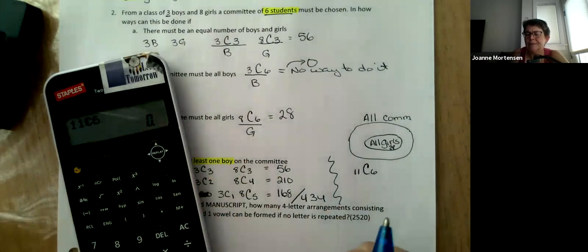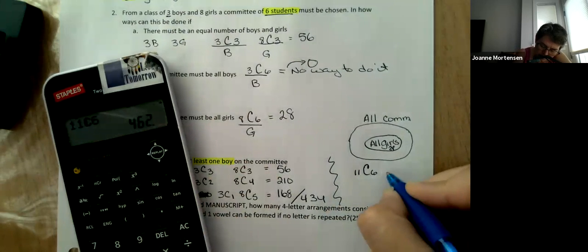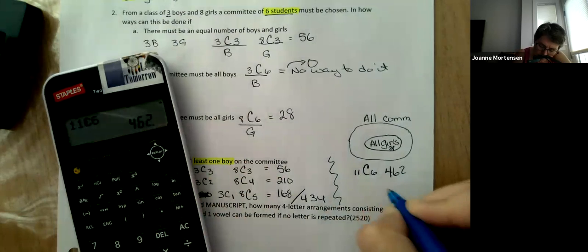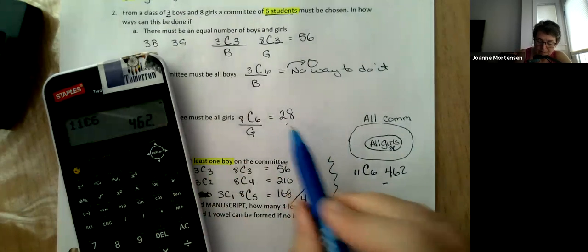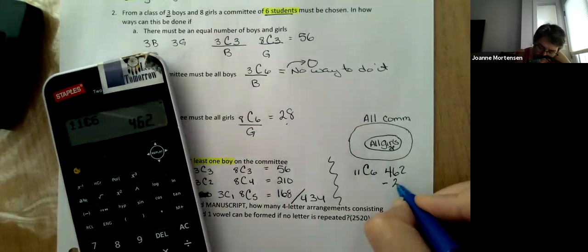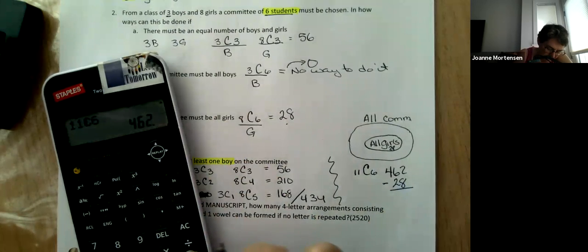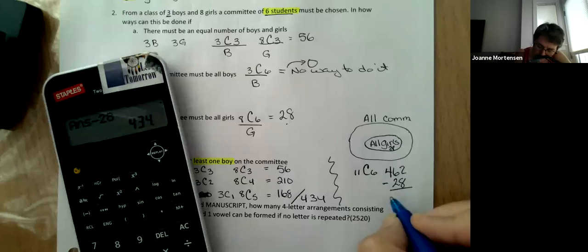I'm always worried when I do a question more than one way. It's like, I really hope those 2 answers work out. All right, 462 minus the 28 that are all girls. Yay, it's 434.